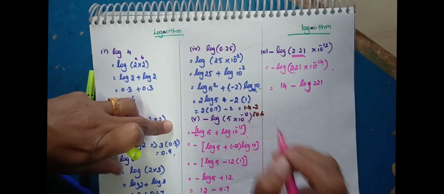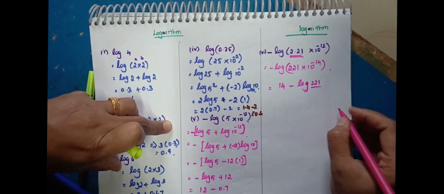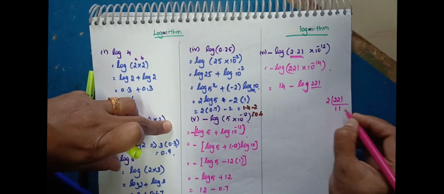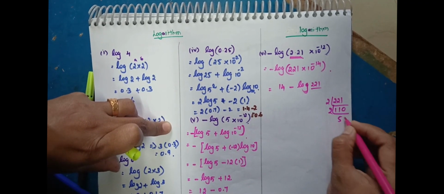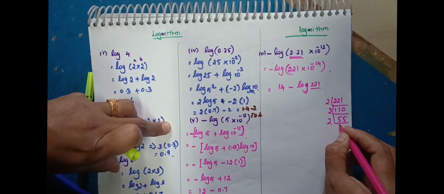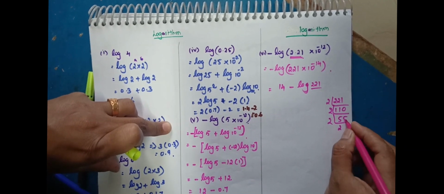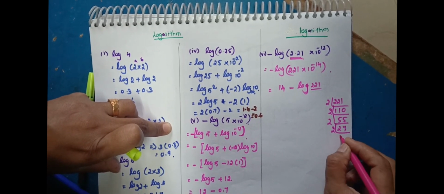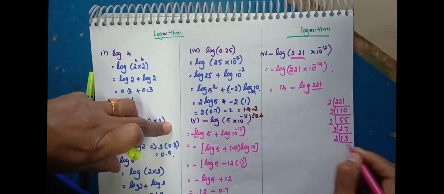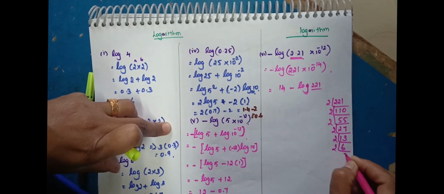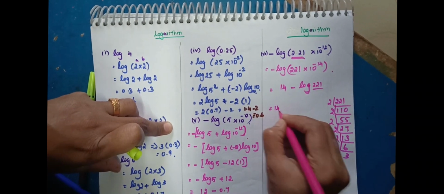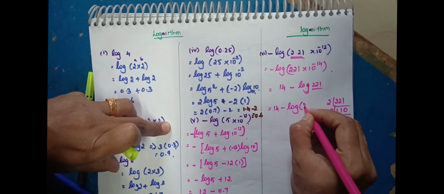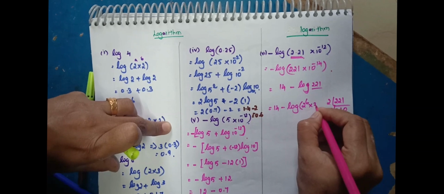So after this, what we have to do, immediately you just go for the LCM part. 221, you do the LCM. 2 1 1 0 2 again 5 5 again 2 again here it is 2, 2 2s are 4, 7 2s are 14. 2, this is 1 3 2s are 6, 2 6 2s are 12, 2 and 3. So now how has it changed? 14 minus log of 2 power 6 into 3.